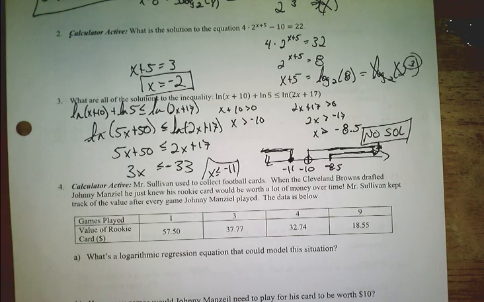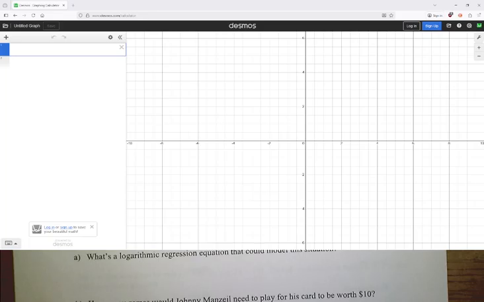So what's a logarithmic regression line to model this equation? So we're going to go over here, since we can use a calculator. We're going to look at Desmos here and add this data in. So that's 1, 3, 4, and 9. And then the other side is 57.5, 37.77, 32.74, and 18.55.